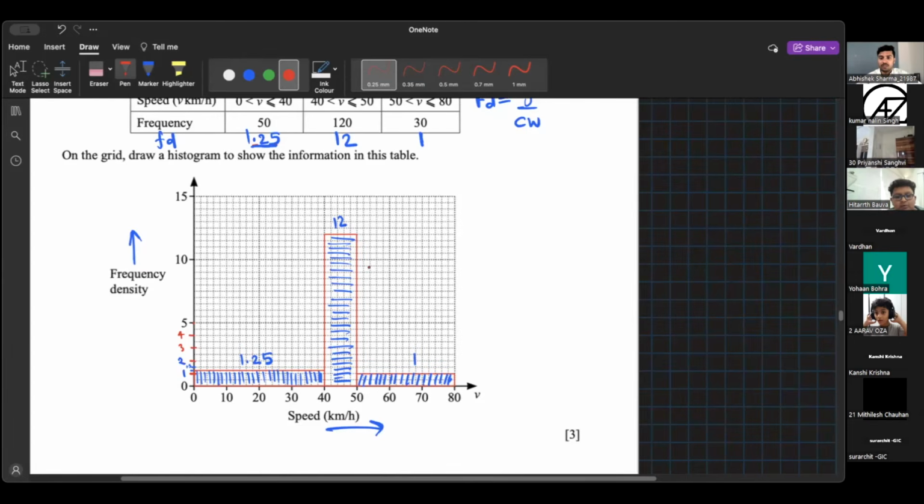No, that is fine, that we don't have to mark. You can mark here 12, that's all. 12 you can mark, and rest of the points we have already marked. Clear?